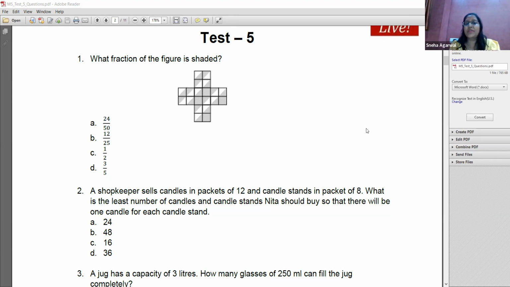What fraction of the figure is shaded? I suppose you must have done the fraction chapter by now, right? You must be aware of this. You must have done it in grade 4 also. Now you have to tell me what fraction of the figure is shaded, and you have to look at the figure very carefully.